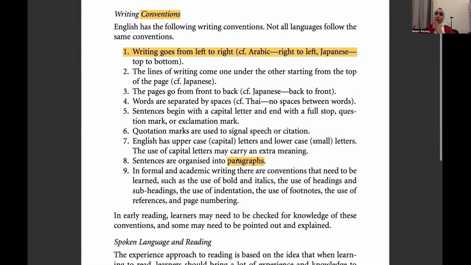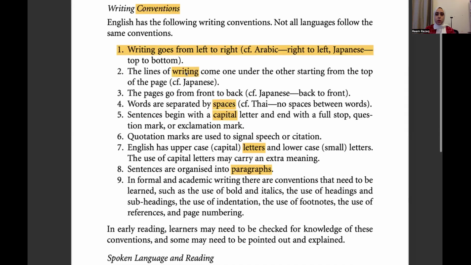Even in writing references, there is a mechanism that's used. So you have to pay attention to all these things when we say writing convention, because it's really very important to involve all these skills in your writing. Moving to the next one.